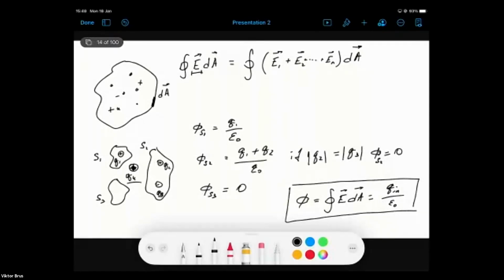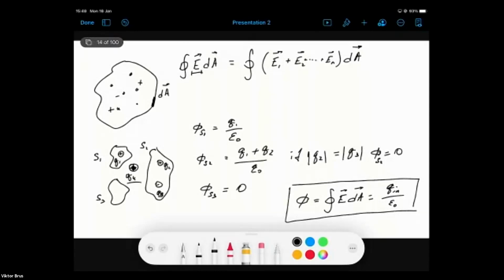But practically, it's very convenient to use this law in those cases when we have some symmetric features of the electric field. So there are certain conditions for choosing the correct closed surface around these symmetric electric fields in order to make the solution of the problem as simple and as convenient as possible.